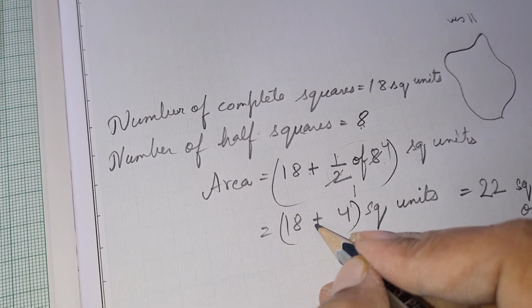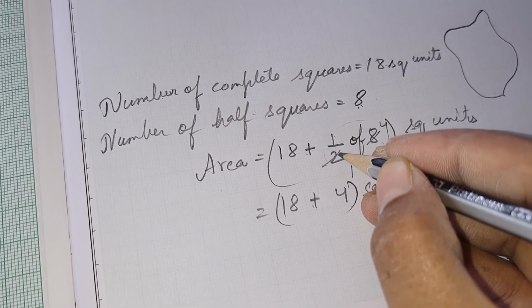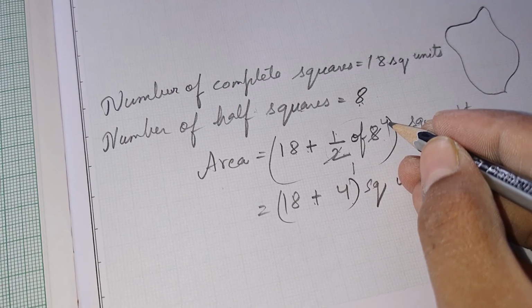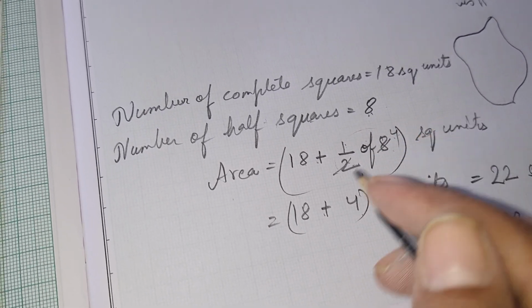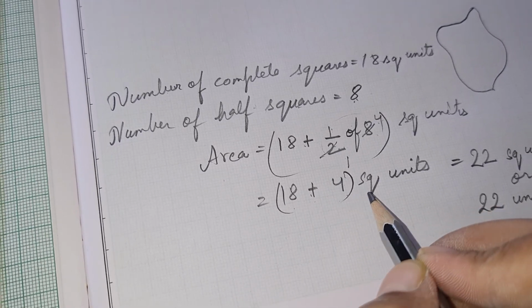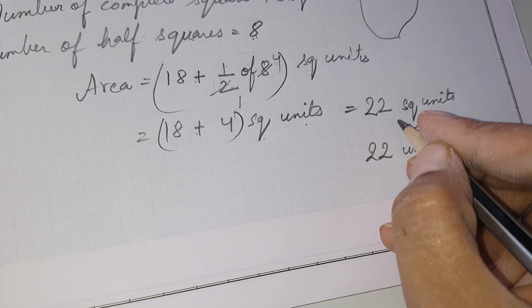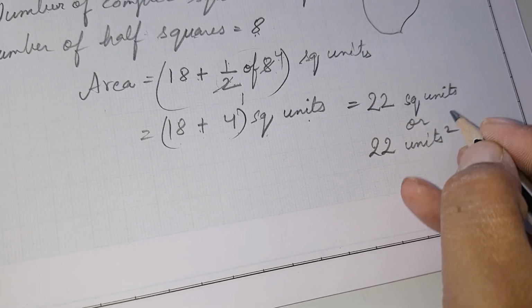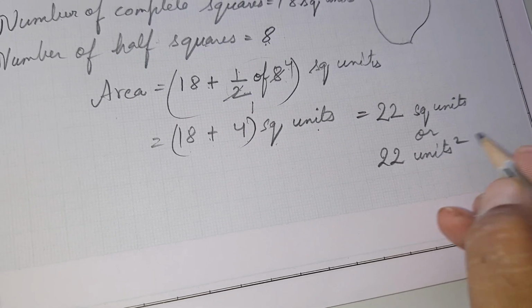Solving this: 2 ones are 2, 2 fours are 8, and 1 into 4 gives 4. So 18 plus 4 square units equals 22 square units, or we can also write 22 units square.